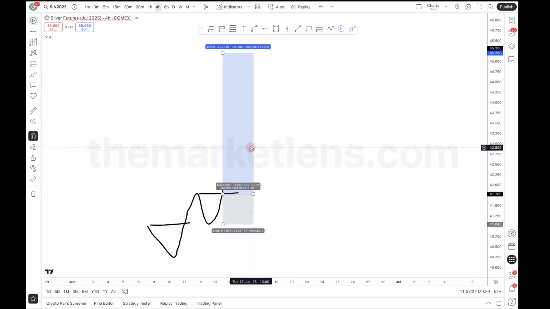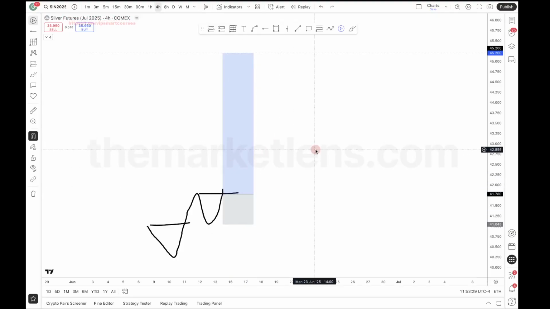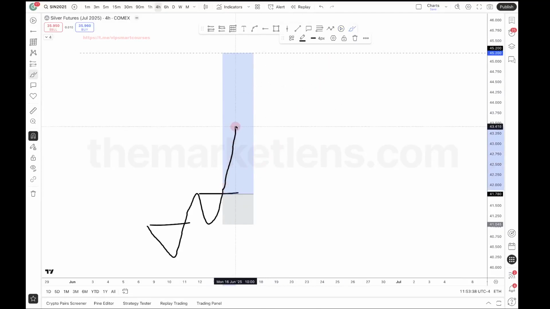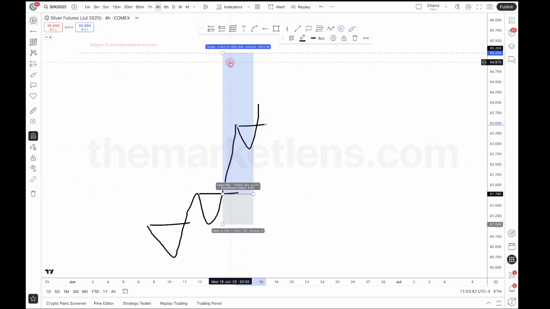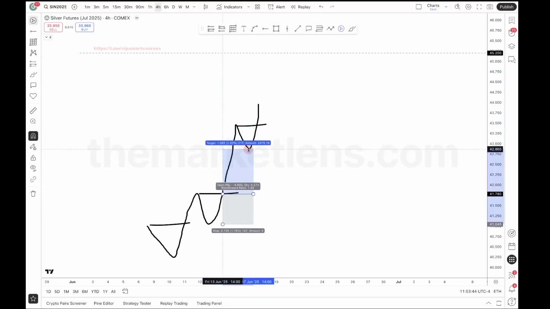But I can also scale into positions where I have these protected entries, and I can capitalize on it. So what I mean by that is if price does this, for example, and it forms an invalidation above my entry, I'm now going to move my stop loss to basically right here.